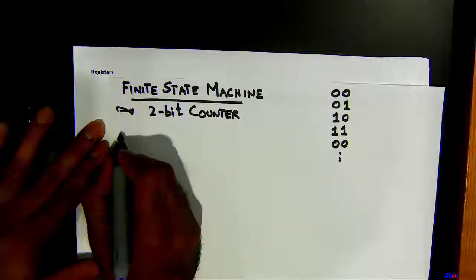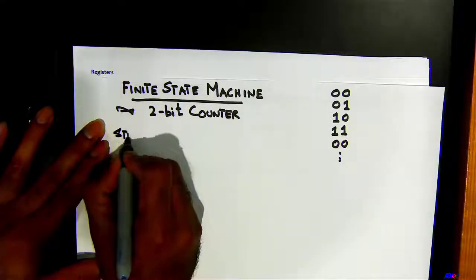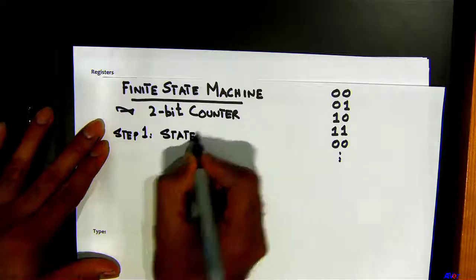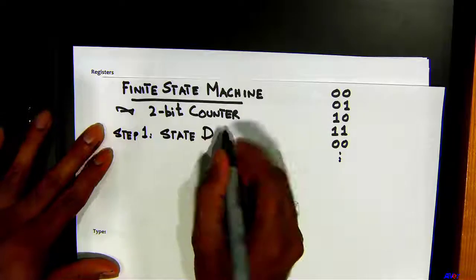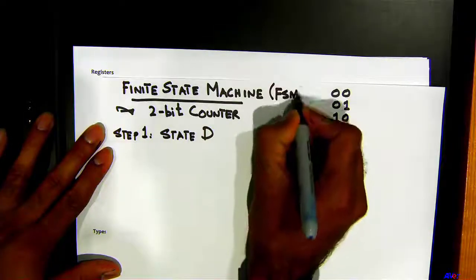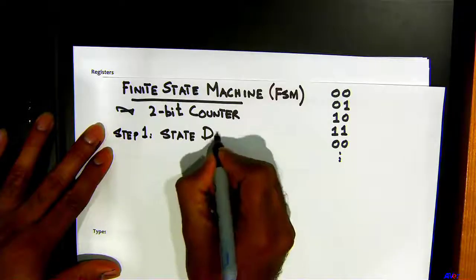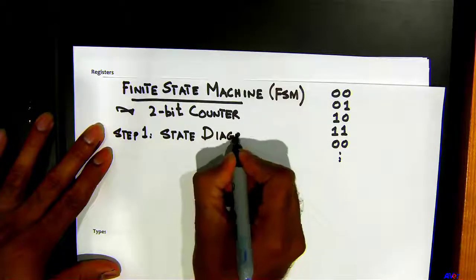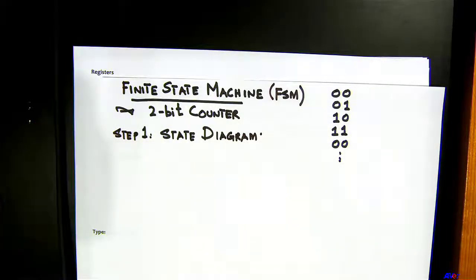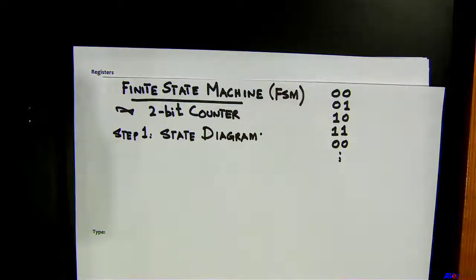So step 1 is the state diagram. Let's define the behavior of our finite state machine. This is also, you see, the FSM state diagram. And in order to create a state diagram, we need to find out how many states we are going to have.